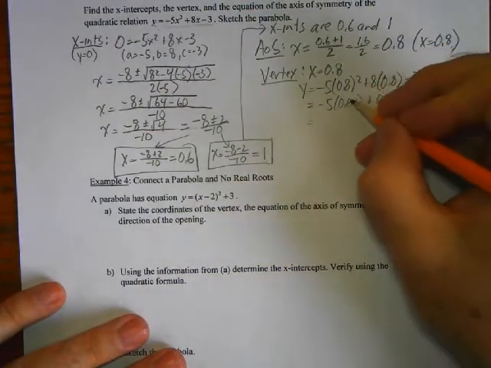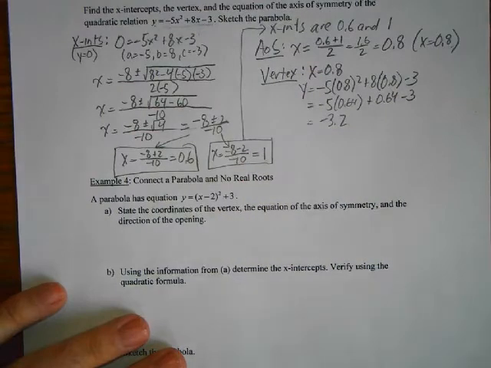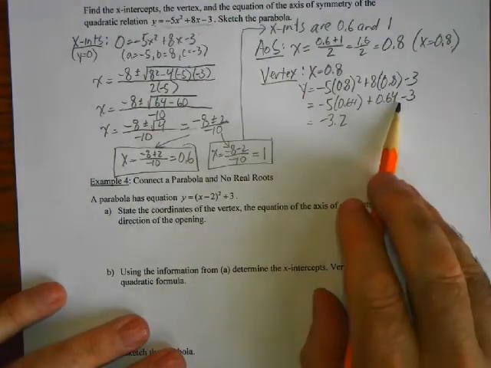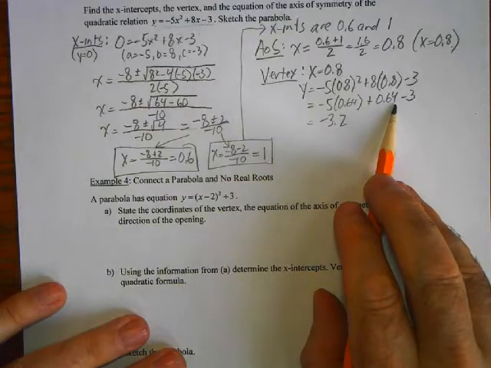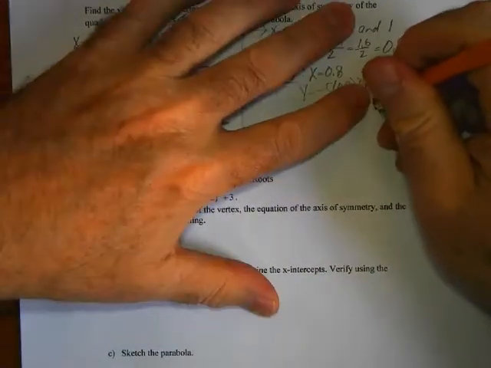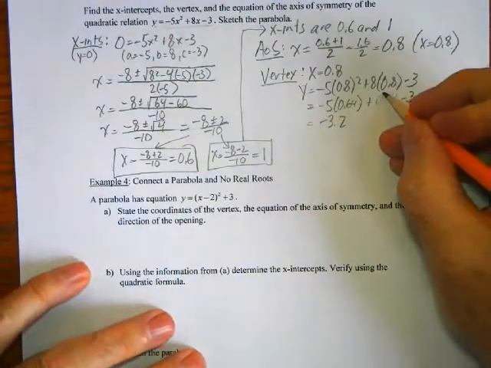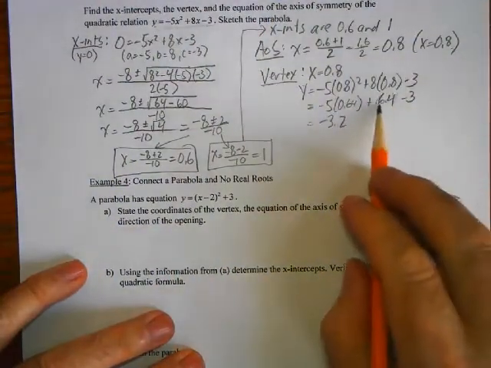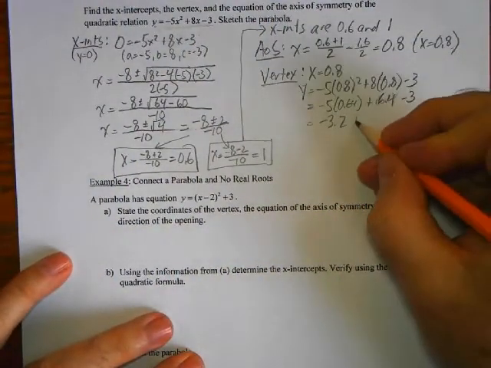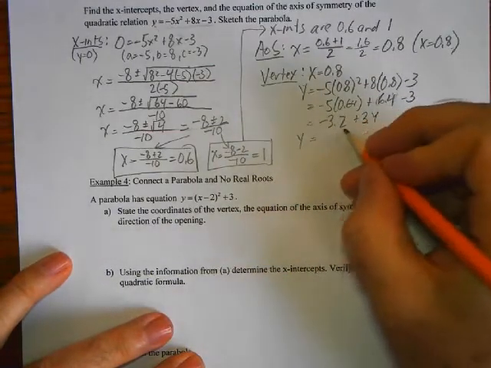That's going to be -3.2. And if I combine these two right here, this is 6.4, not 0.64. I can subtract 3 from 6.4 and get 3.4. So the y value is 0.2.